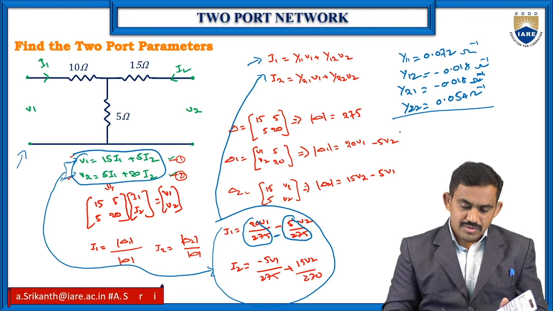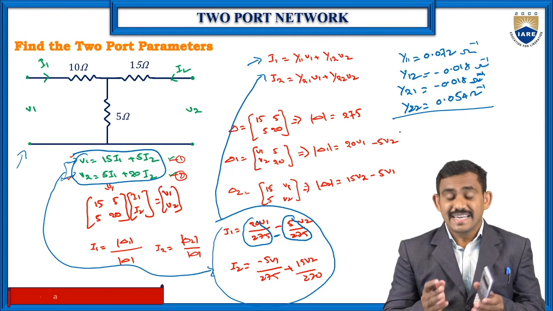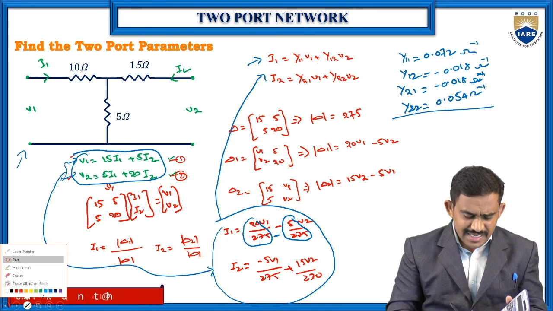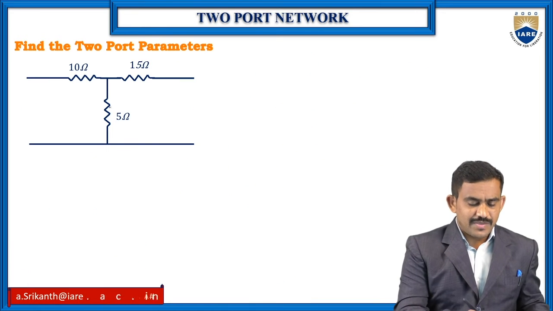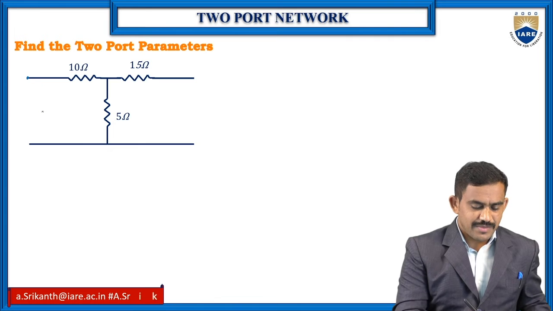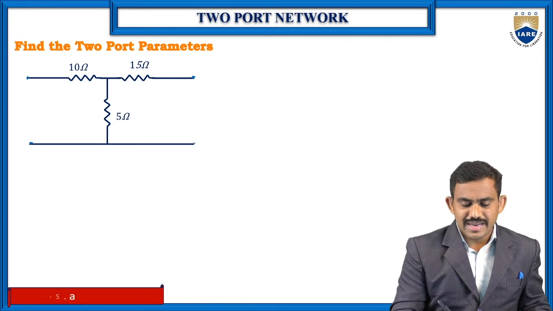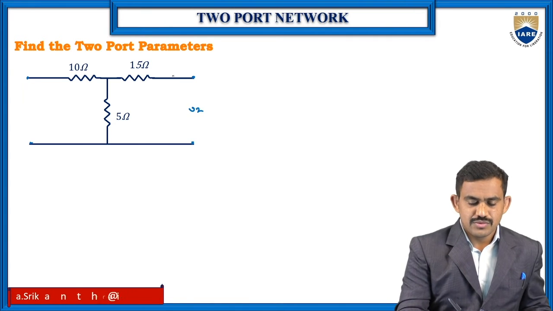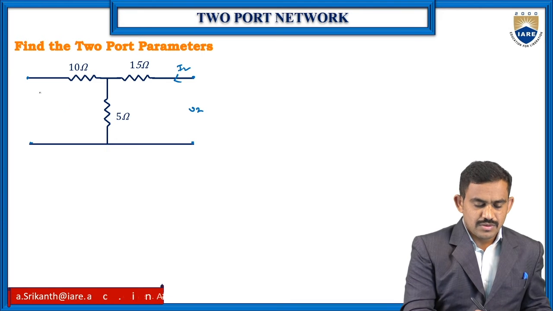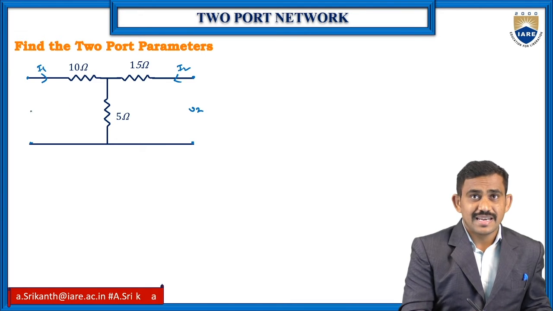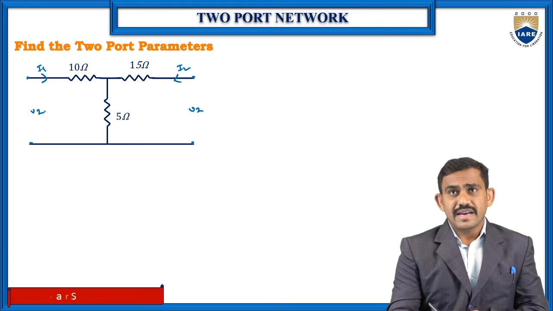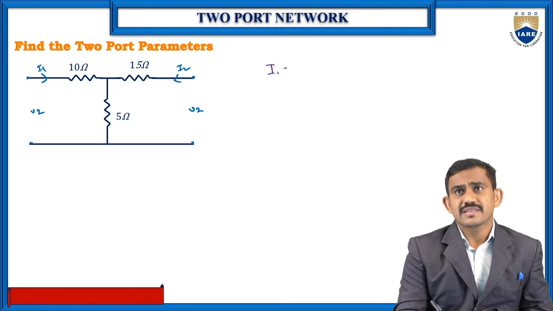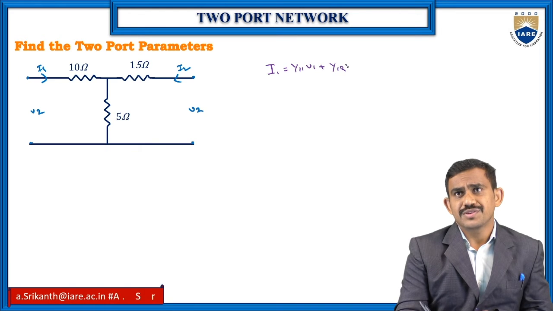Okay. Now I want to go through the conditions. So which conditions do we have? We know the y parameters. Now I will go for the conditions, with V2 and I2 on the secondary side, and I1 on the primary side. I1 is equal to y11 V1 plus y12 V2.